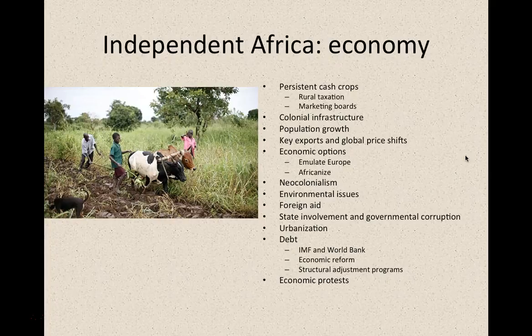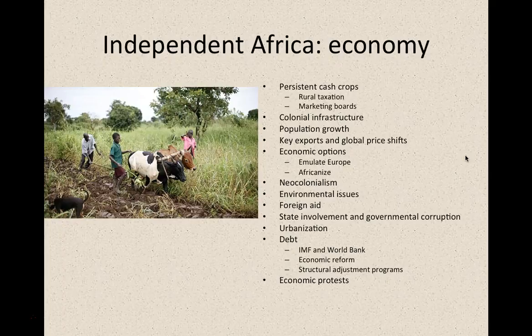Many of these places were command economies, and a good example of both the attempt to Africanize the economy and to control a little too much via the state was Tanzania under Julius Nyerere, which tried, in some ways similar to the things that Stalin had done in the Soviet Union in the 1920s and 30s, to form these agricultural collectives. And that's sort of quintessentially African, because Africans, of course, are farmers.